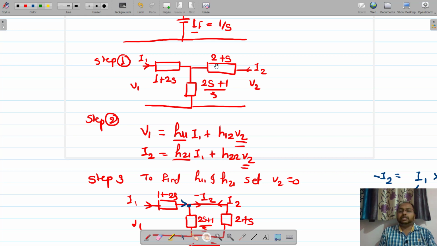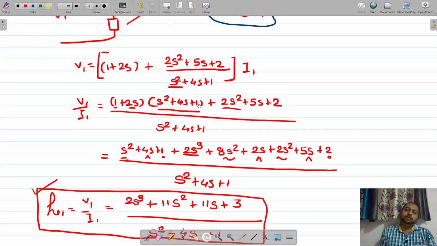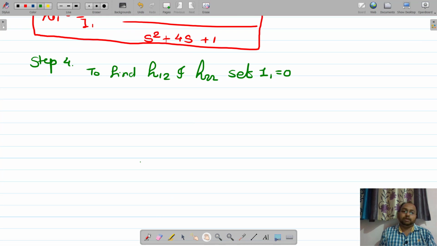So the circuit will have only 2 plus s and 2s plus 1 divided by s as the components. So this is 2 plus s, am I right?